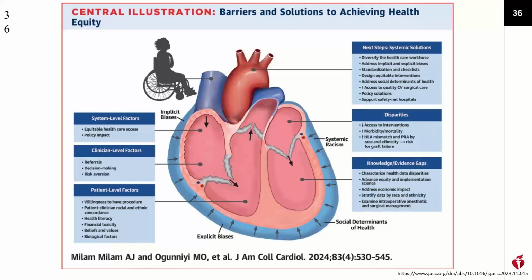We also need policy solutions that are helpful, to address the disparities that we know exist now, to improve the knowledge and evidence gaps that occur in our literature, and to come up with economic strategies to improve communities. And so I'll refer you to this article because I think it's extremely helpful. Next slide.